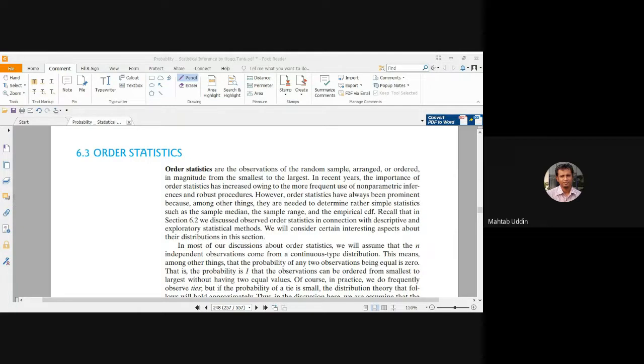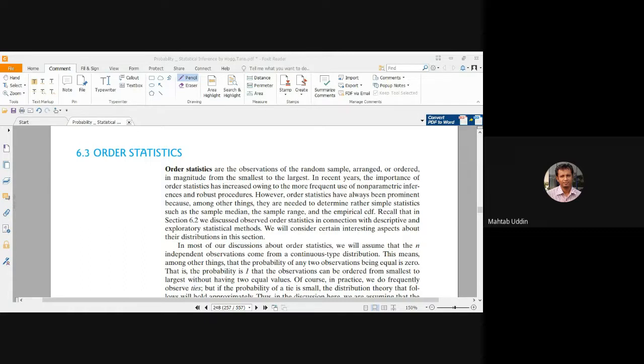And order, usually when we collect the data, they are scattered. Like you are collecting the height of your friends: someone is 173 inch, another is 177, another is 172, another is 178. So they're scattered.